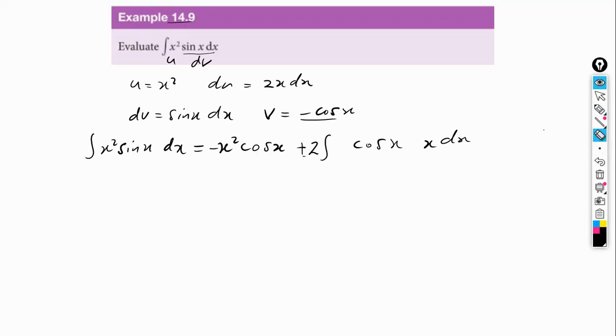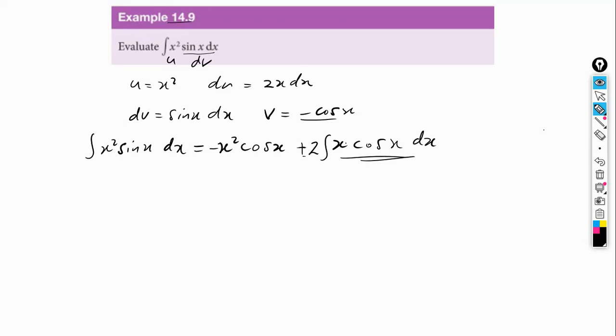And then this simply becomes plus 2 integral of x cosine of x dx. Okay, but now we have another integral, so we have to apply the integration by parts to this.